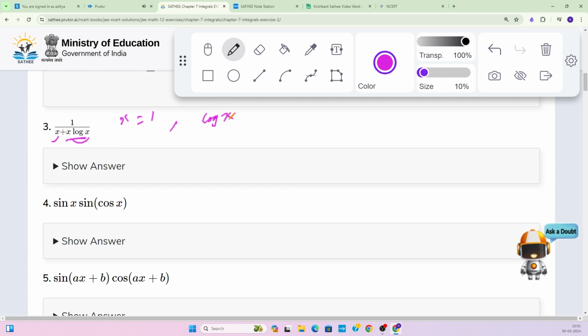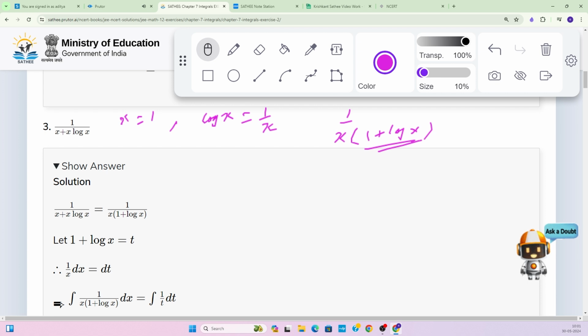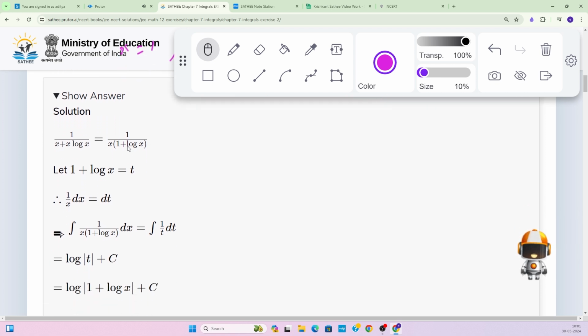If you take log x, then you will have 1 by x. But is 1 by x there? Yes, it is there, but hidden. Where is it hidden? If you take x common from the denominator, you will have 1 plus log x. Taking this as your substitution will give you the answer. So taking x common from the denominator, you will have 1 by x multiplied with 1 plus log x.